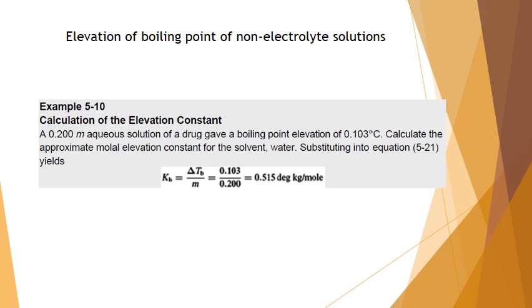So in order to calculate Kb, we have to divide delta TB over the molar concentration, and by simple substitution of the information mentioned in the example, the constant can be easily calculated, and it will be 0.515 degree kilogram per mole.